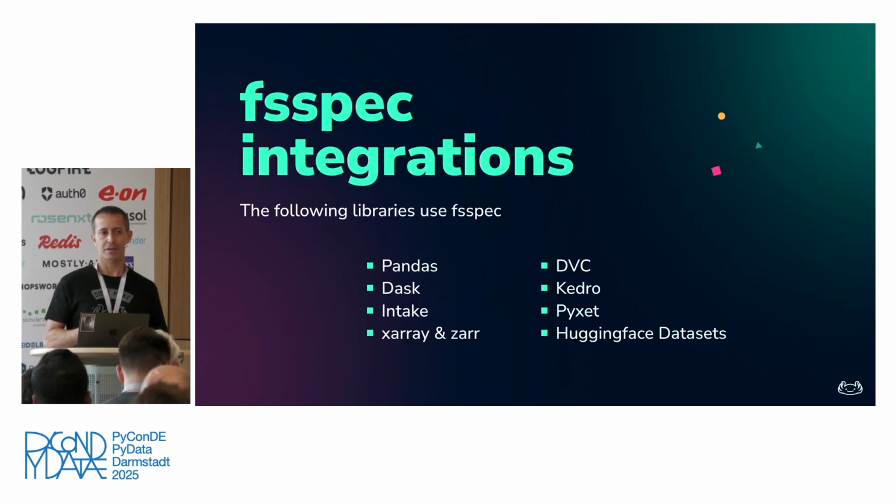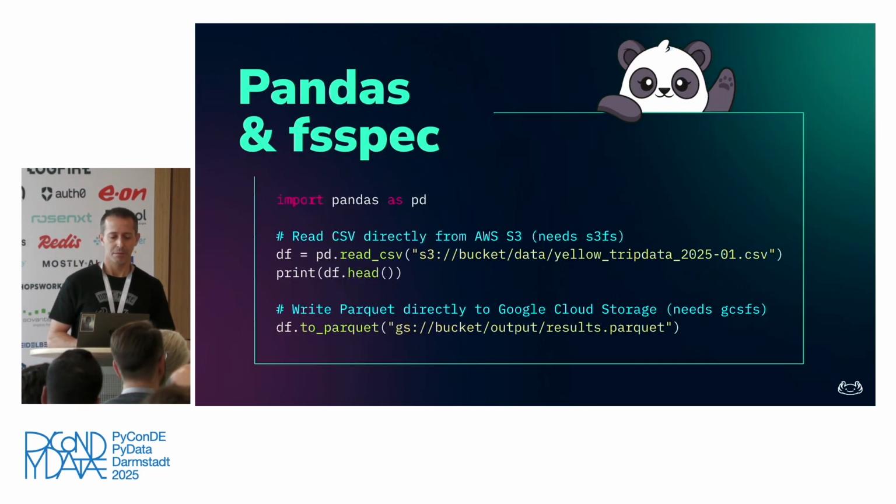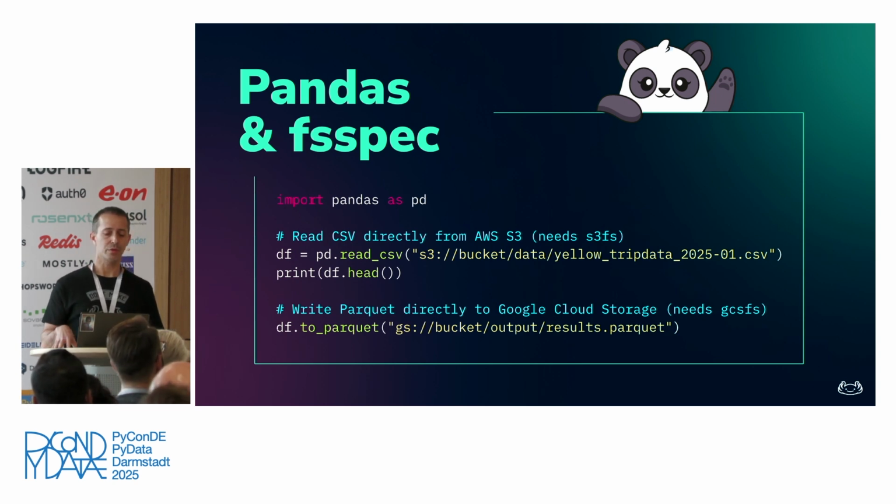Although fsspec has direct use cases, it's really nice to know that there are many data tools that already use it behind the scenes. Let's take, for example, pandas. Pandas integrates directly with fsspec. It means that it's super simple to work with different data storage. In the example, you can see that we are reading a CSV file from a remote storage and then saving it as a Parquet file to a different storage.